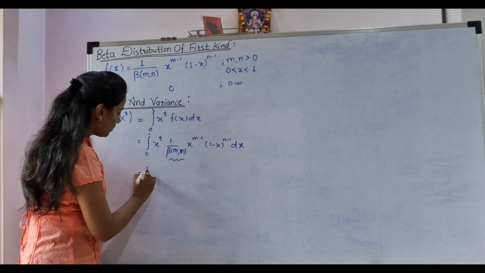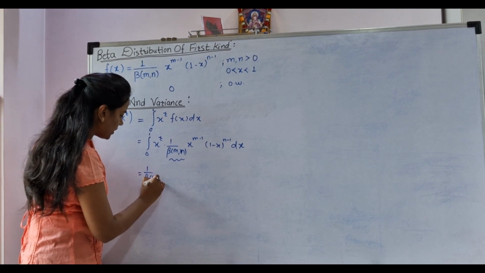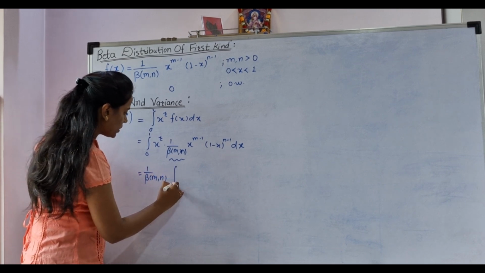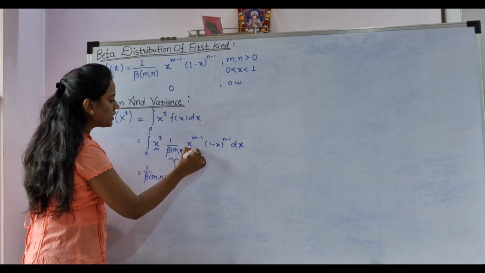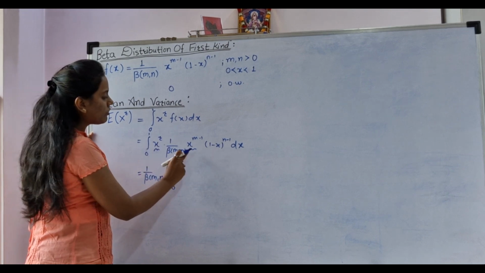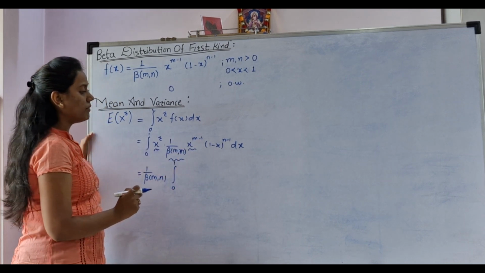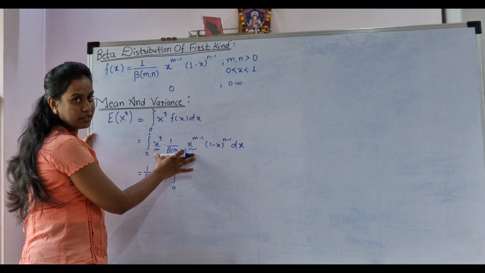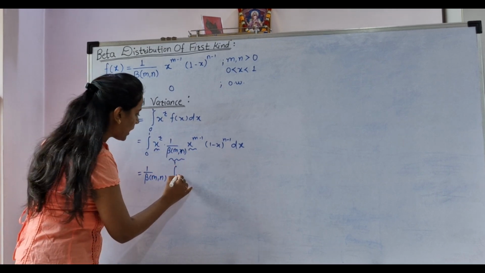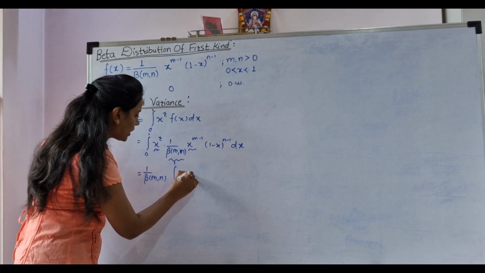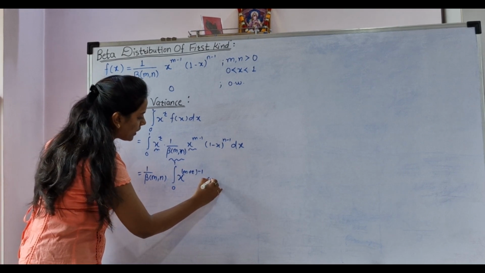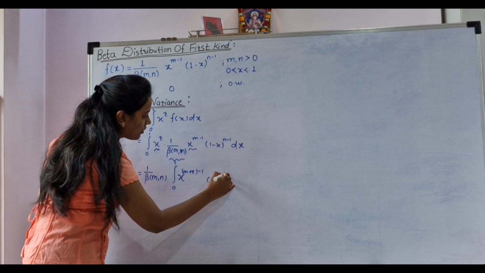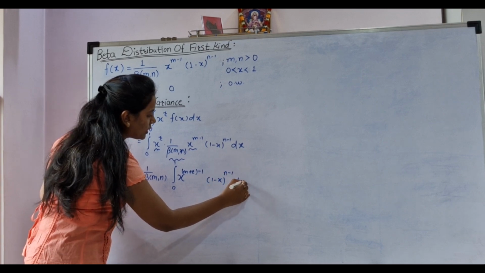So it will be 1 upon beta(m, n) integration of 0 to 1. Now here we have x to the power r and x to the power m minus 1. We can write these two terms together as x to the power m plus r minus 1, and (1 minus x) to the power n minus 1 dx.